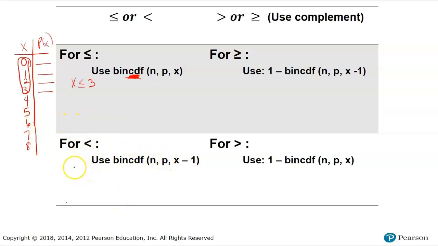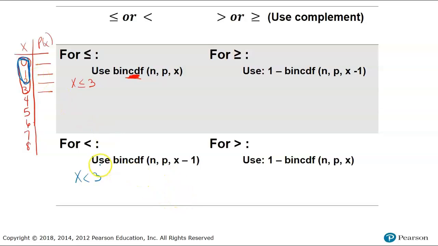Let's say that we want to do X is less than 3. Because this is discrete, there's nothing between 0 and 1, nothing between 1 and 2, and nothing between 2 and 3. There's no decimals in here. So if I want X is less than 3, I've actually got to stop here at 2. I don't go any further than 2.